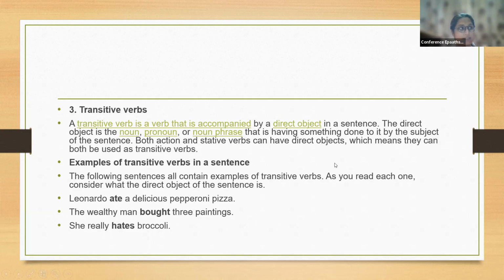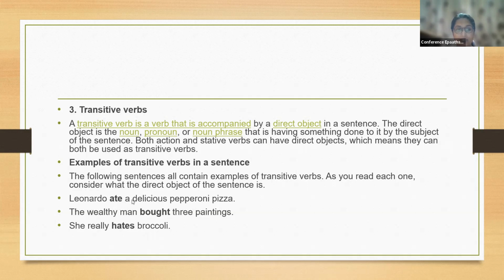The following sentences all contain examples of transitive verbs. Leonardo ate a delicious pizza. So here, ate is the verb and it has an object.